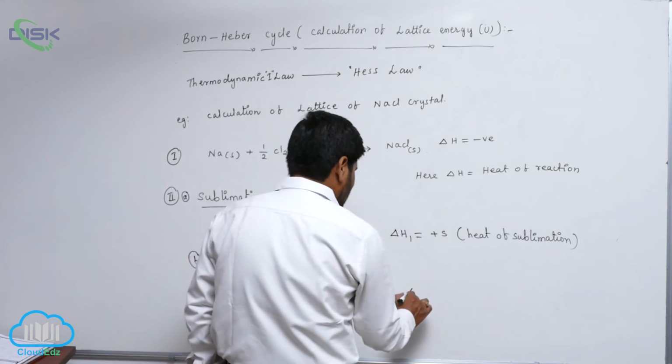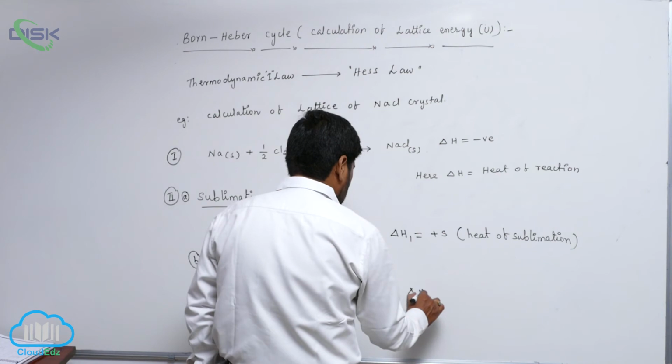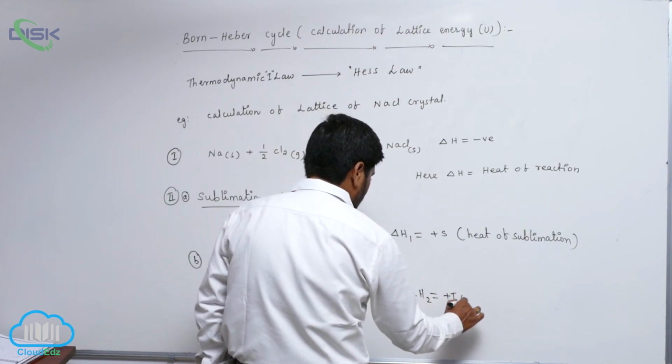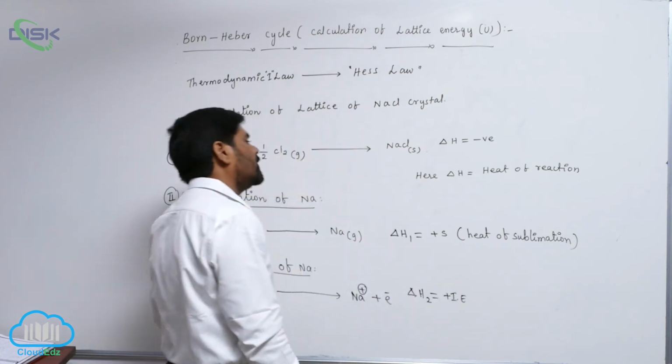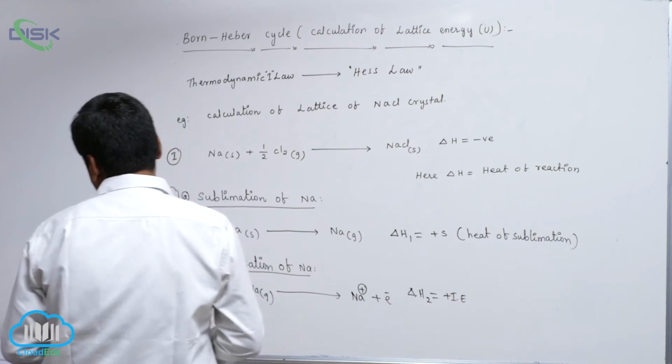This is an endothermic process. So delta H equals plus I. This is the second one.